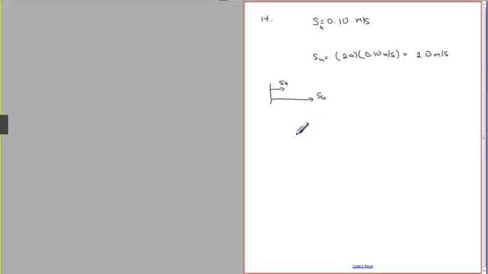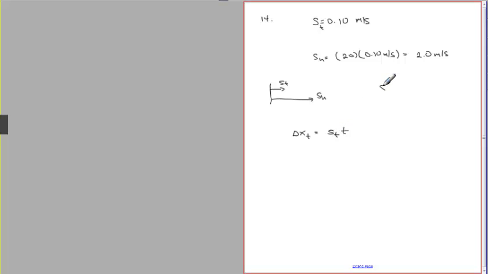So the distance, delta x, that the tortoise travels, because he doesn't take a rest, is just going to be equal to the speed of the tortoise times the time. And the time is a constant between the two equations.